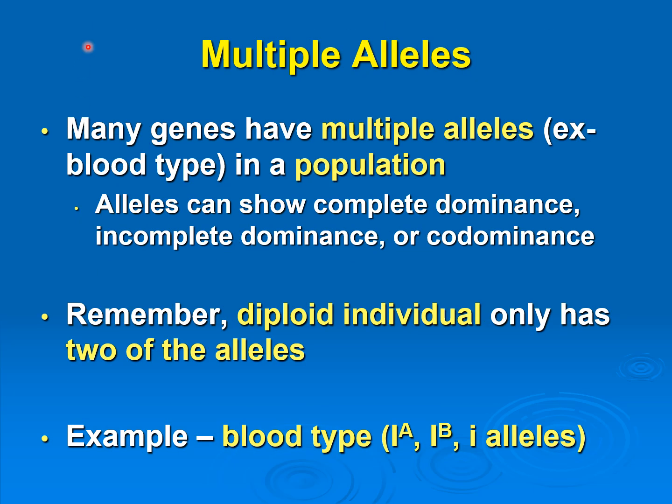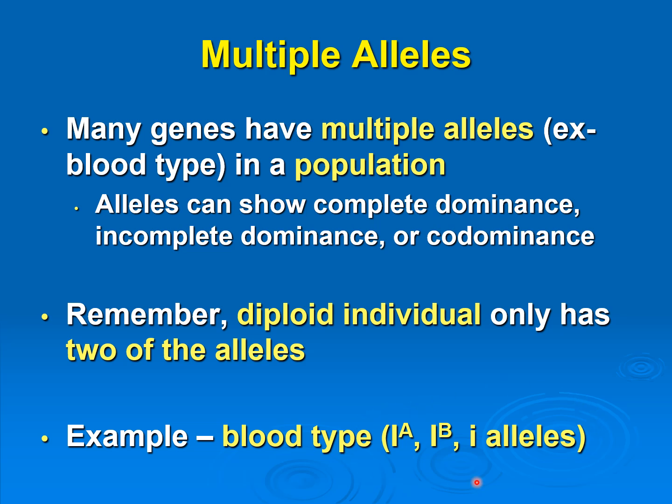All right, and then another different inheritance pattern we have is multiple alleles. So a lot of our genes can have more than 2 alleles in a population. So blood type would be a great example of multiple alleles. So with blood type, we have 3 alleles in our population.